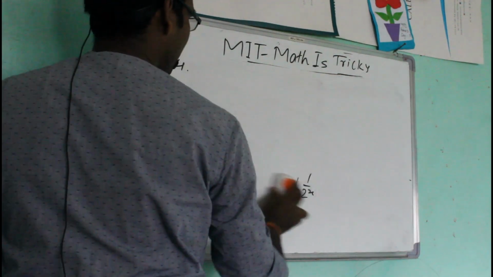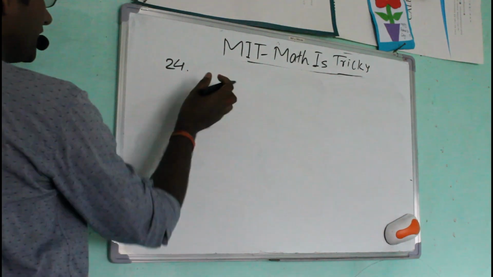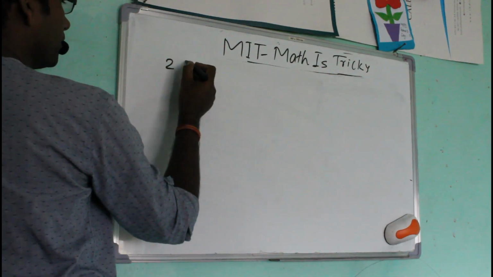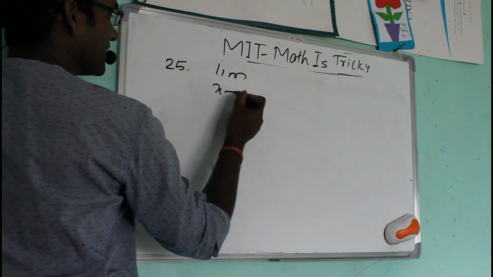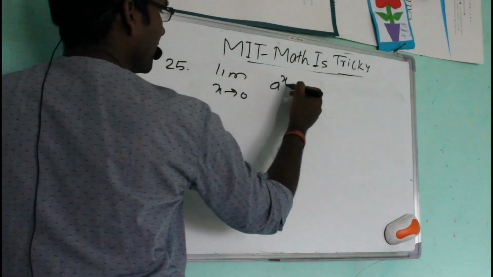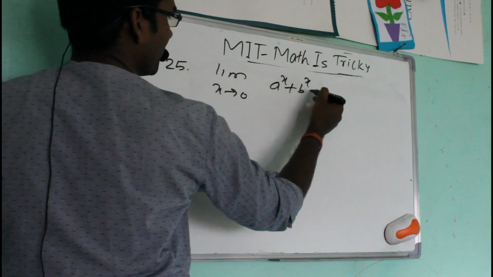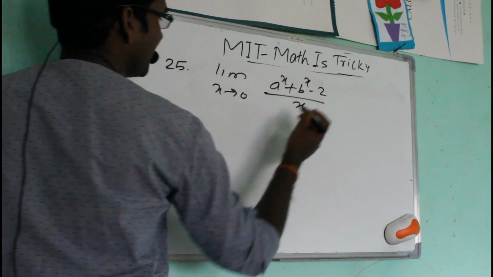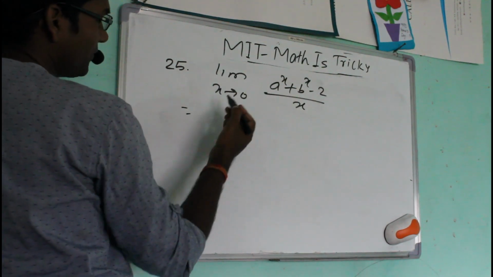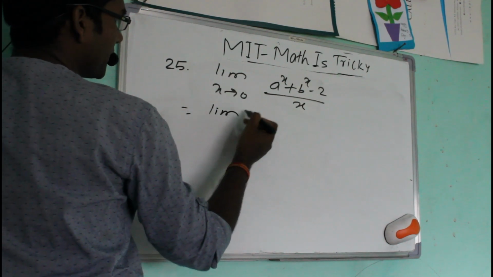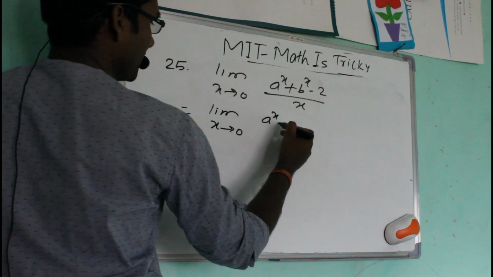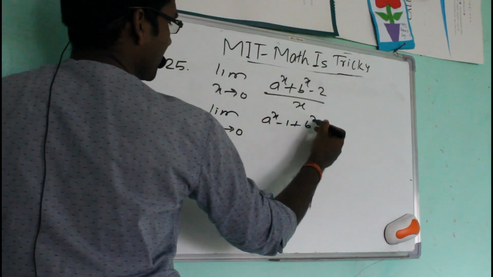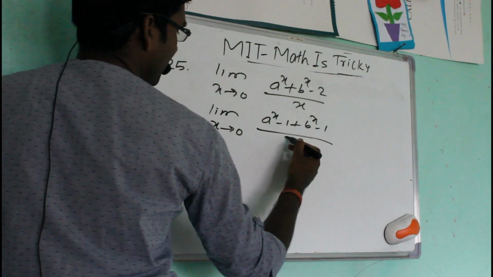Let me solve one more problem for you. Question number 25. Limit x tends to 0, a power x plus b power x minus 2 by x. So what's our answer? It's very simple. Just break 2 as minus 1 and minus 1 to get the answer: a power x minus 1 plus b power x minus 1 by x.